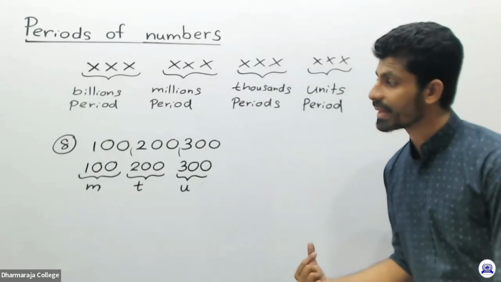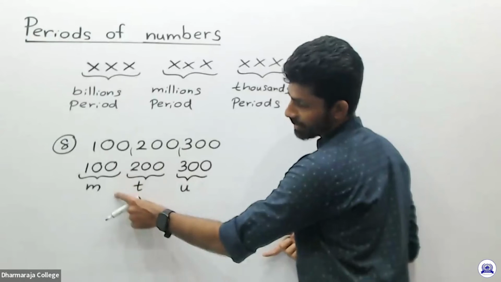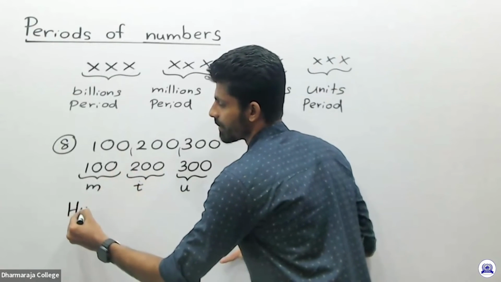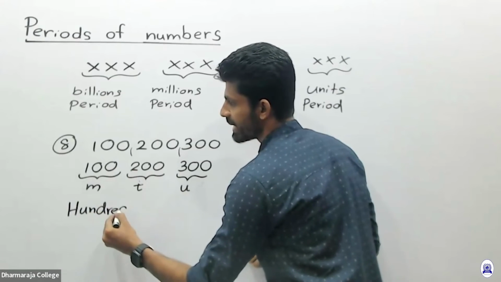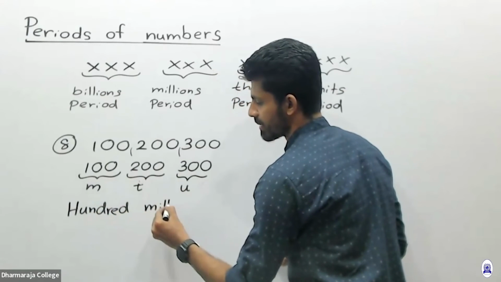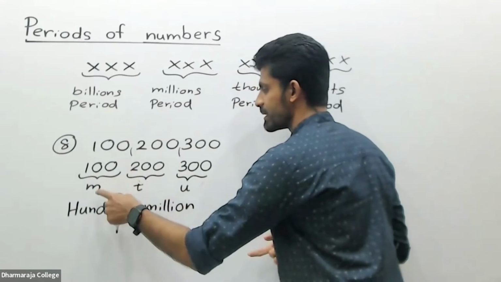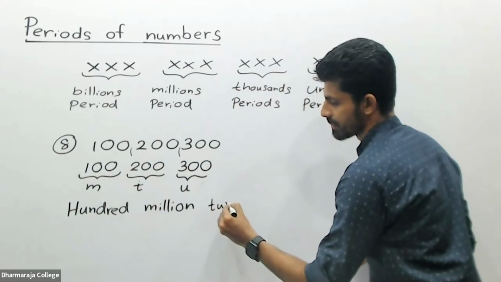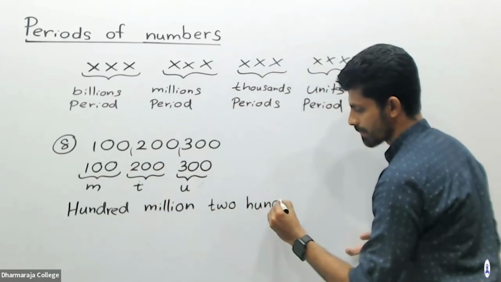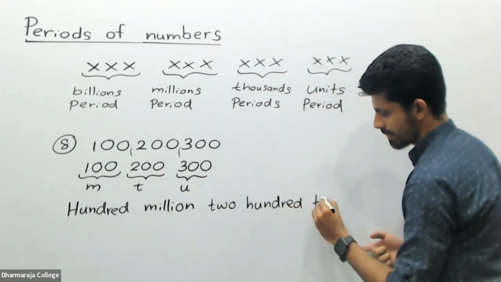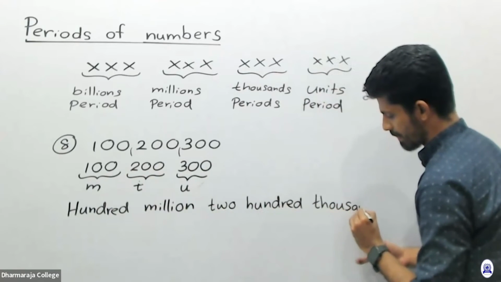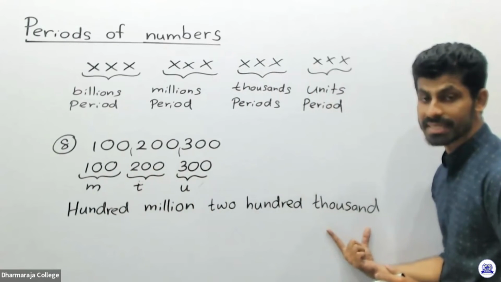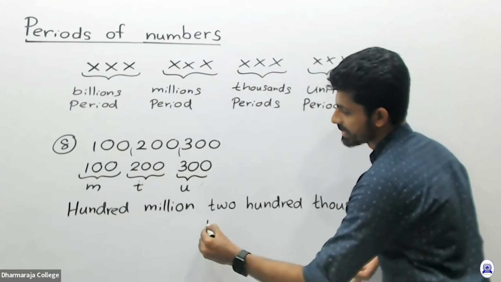Quickly read the number with me. 100 million, 200,000, 300.